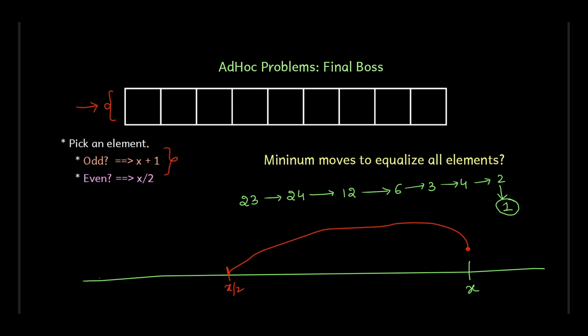So you see that this number is coming closer towards 1, but we still have to prove that it will not get stuck in a loop. But you can see that if it is odd, then it will just take one step to the right and then again go back to the left, then one step to the right and again go back. So every number will eventually reach 1, that is for sure.